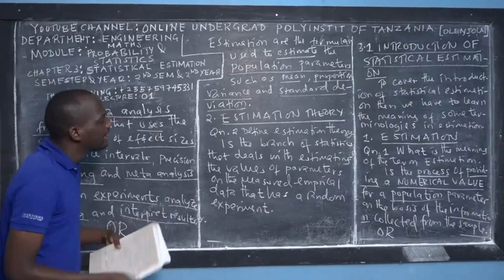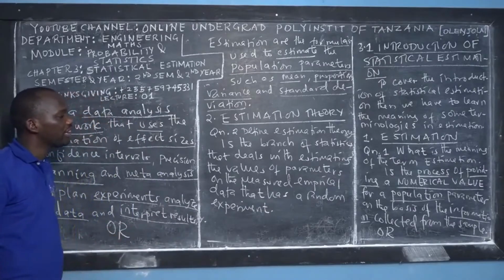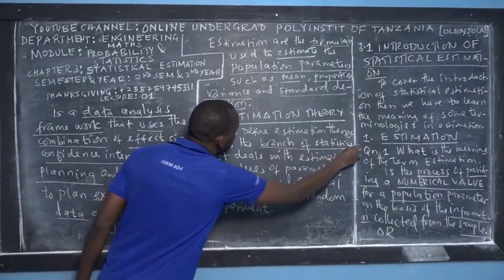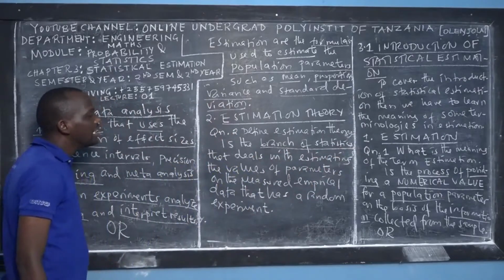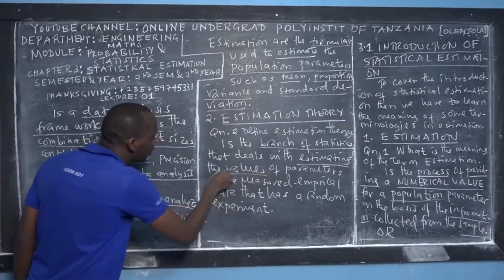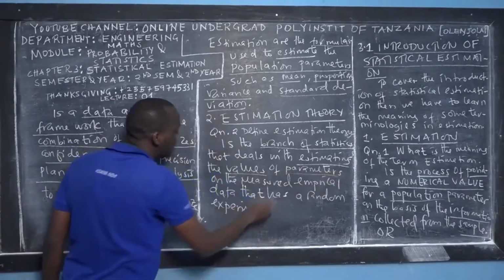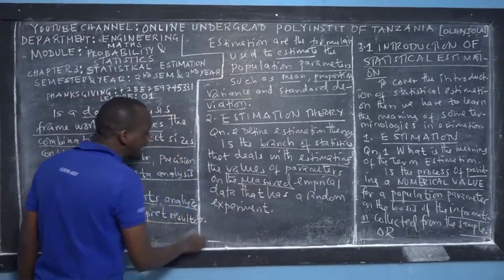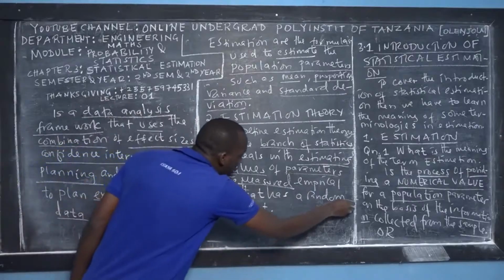So this is the meaning of estimation theory. It is a branch of statistics, not a branch of politics, that deals with estimating the values of a particular parameter from measured empirical data that has a random component.